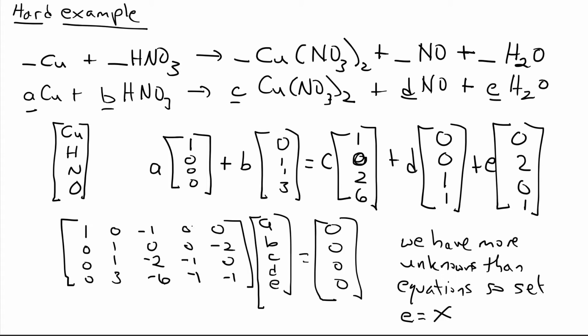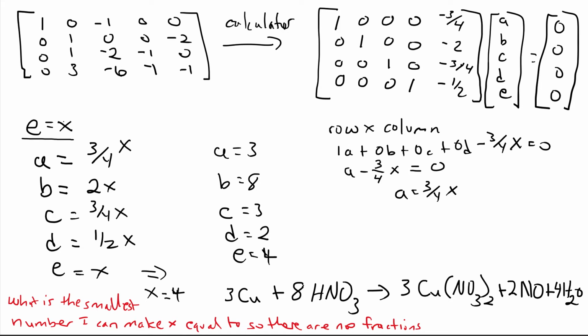We form our matrix. Well, I skipped a step here. I moved everything over and then moved the minus sign in. So now this is our new matrix. Again, we have only 4 equations and 5 unknowns, so we're going to have to set that last one, e, equal to x. But this matrix now, you can just shove into your calculator, and it calculates what the reduced row form is.